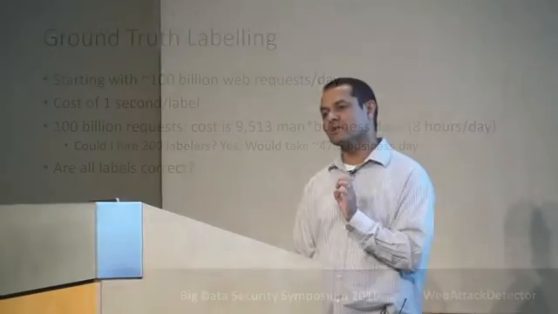Suppose that I have 100 billion requests per day, and it costs me 1 second to label each one. I have this expert that can look at the request, that long request that I showed you, and say in just 1 second, this is an attack, this is not an attack. So I need this labeled data to train my system.